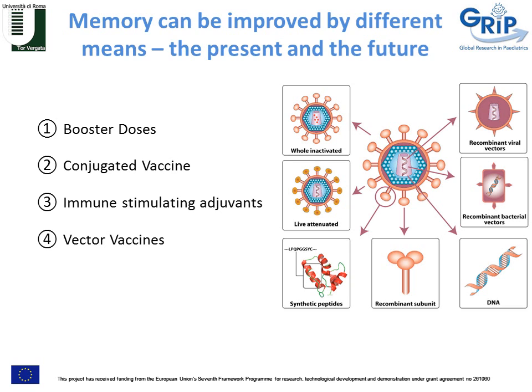Memory can be improved in different ways that I want to quickly touch on here. One is booster doses, another is conjugated vaccines, then the use of adjuvants or the use of vector vaccines. Some of these topics are also covered in other lessons of this course.